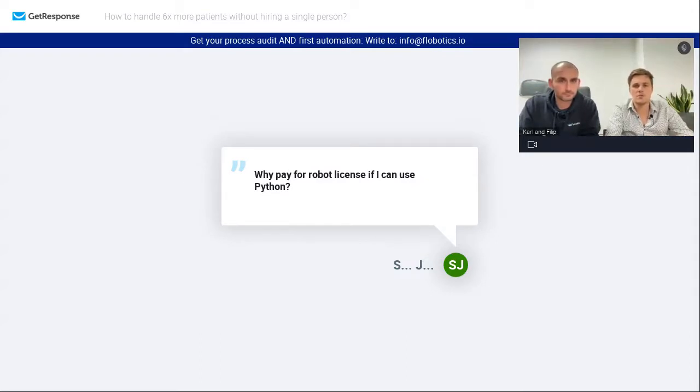Why pay for a robot license if I can use Python? Ooh, that is an interesting question. I actually touched on this earlier. Python is good for 1, 2, 3 solutions. The problem is when you get into situations where you need more robots. Now you need a control room.